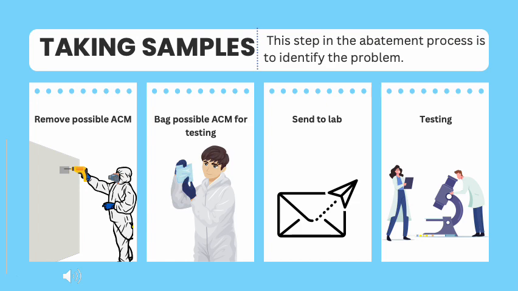If the sample contains asbestos, the lab will also identify the type and quantity of asbestos fibers present. Once the lab testing is complete, a report will be issued with the results. If asbestos is found, the report will include recommendations for proper management, removal, or encapsulation of the ACM.